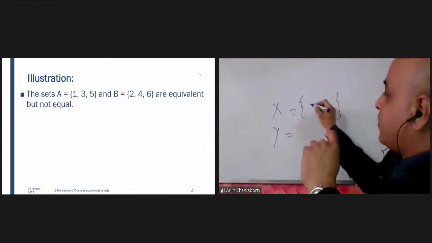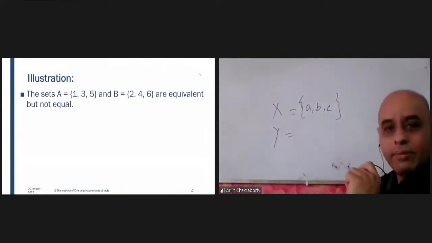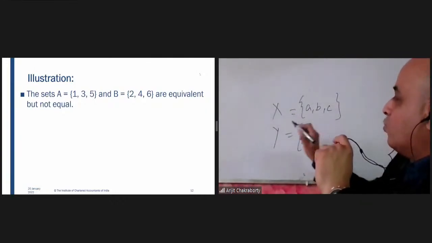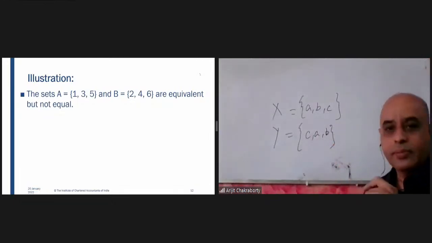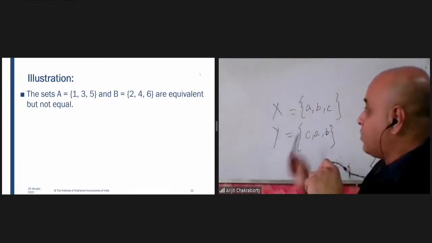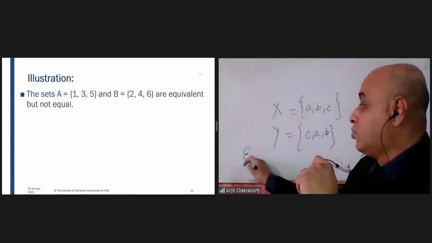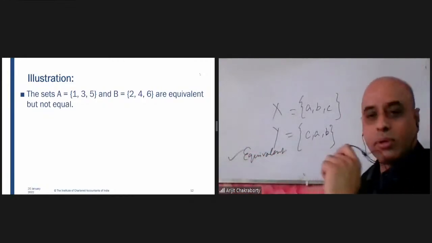X is A, B, and C. And I take set Y and I write C, A, and B. Are they equivalent? Answer is yes. Why? Because there are three elements in each. So they are equivalent, no doubt about it.